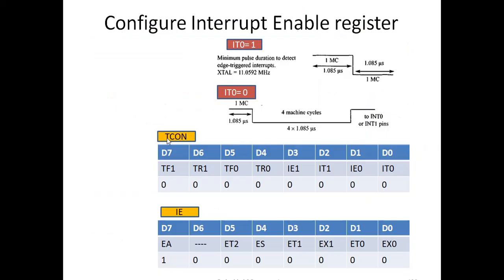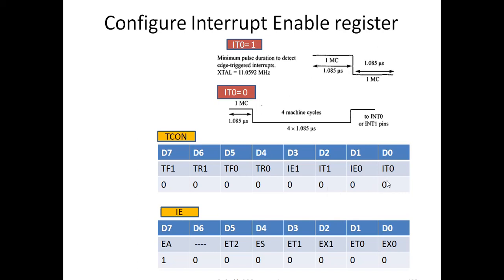So the TCON register is the timer control register. Here, if you want to configure whether it is level trigger or edge trigger, you use IT0 and IT1. If the bit is 0, it is a level trigger.